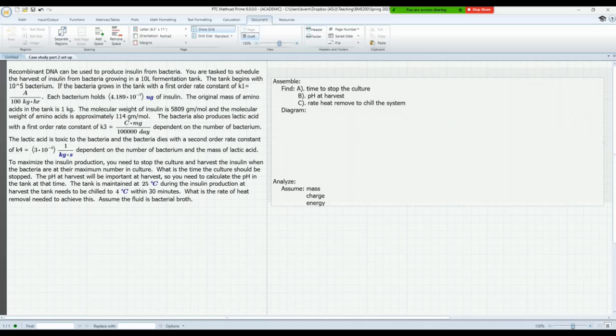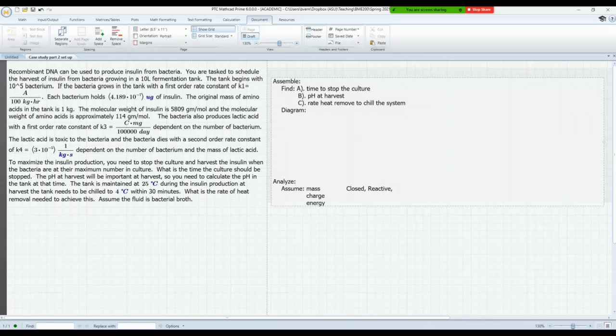So the mass system, the assumption here is closed. You've got no mass coming in and out. You've just got the bacteria expanding and the amino acids already in the system at the beginning. It's going to be reactive. You've got generation of bacteria, you've got consumption of amino acids, and generation of insulin.